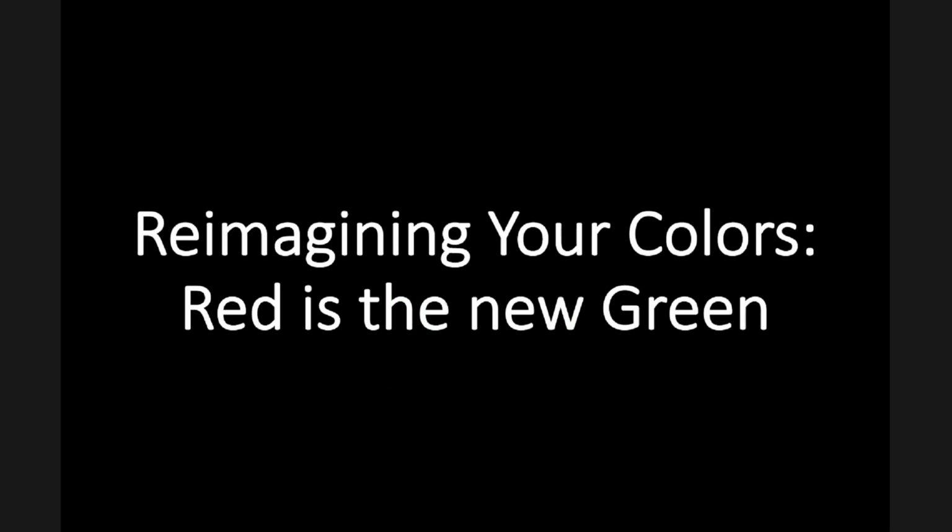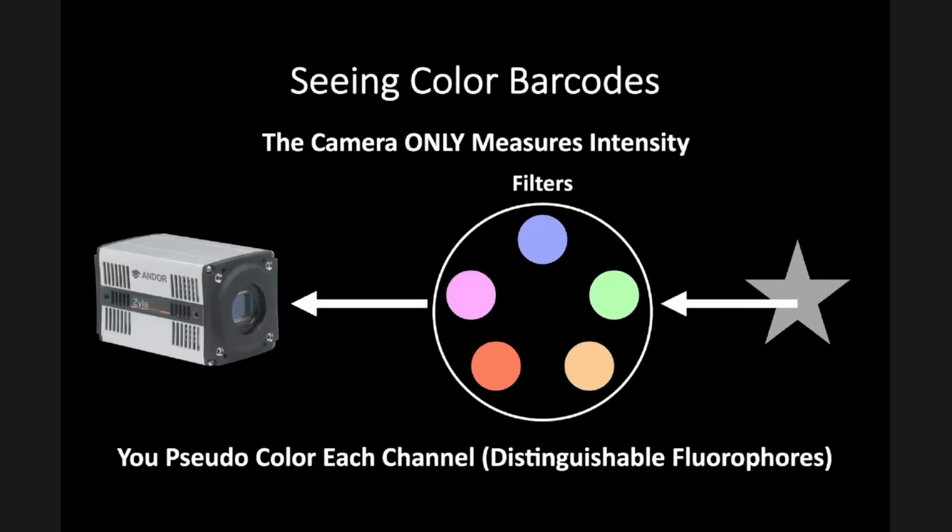Okay. Now, before I move forward, I'm just going to get into a very confusing concept, which is reimagining the actual colors and telling you that red is the new green. So I'll explain that. Every time that you've seen GFP in a paper on your screen, unless you're looking directly through the scope with your own eyes, that green is a pseudo color.